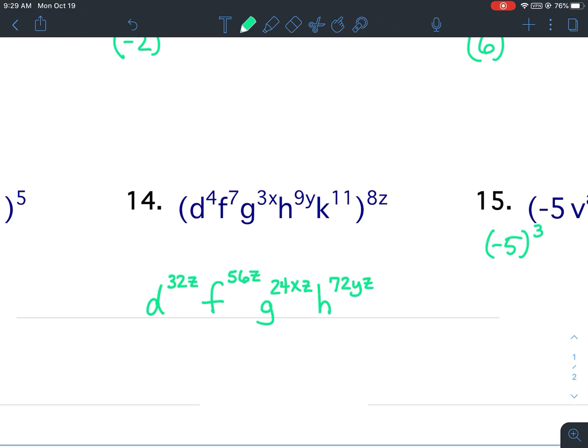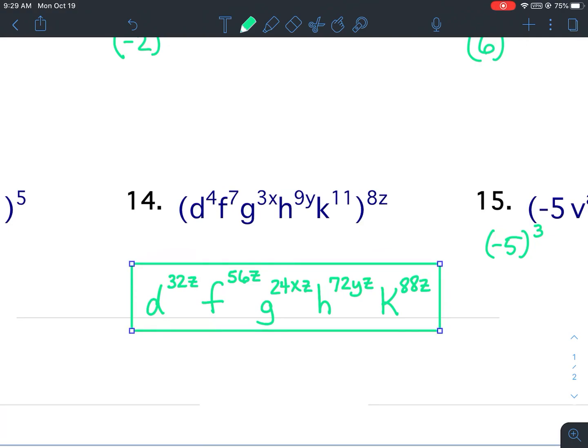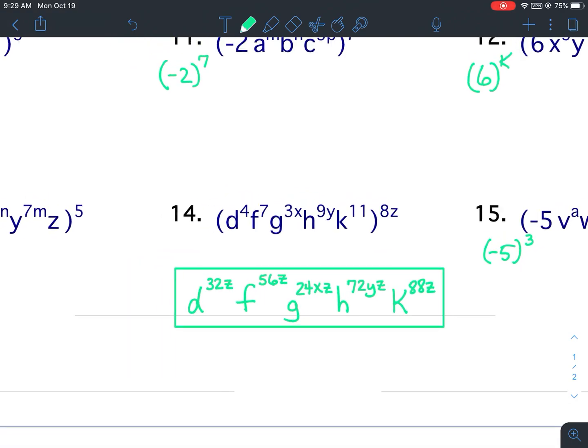And then last, I'm going to take the 8z times the 11. 8 times 11 is 88, so this would be k to the 88z. And that is it for 14.